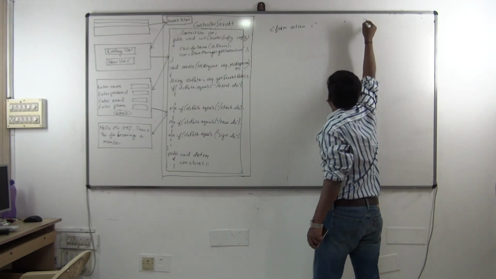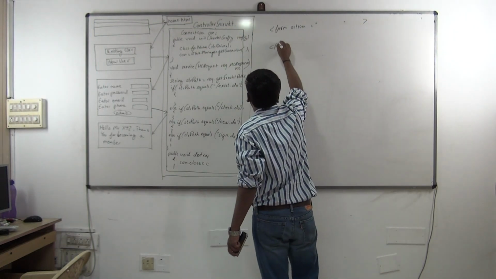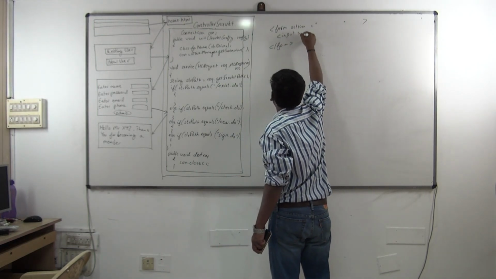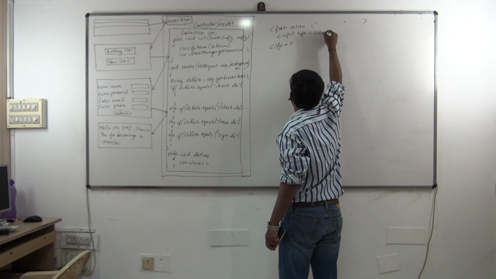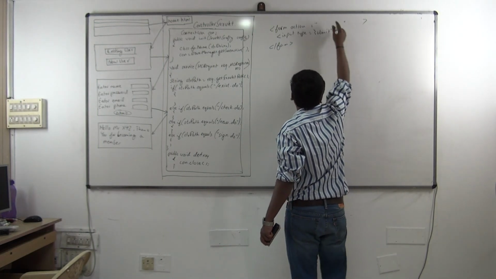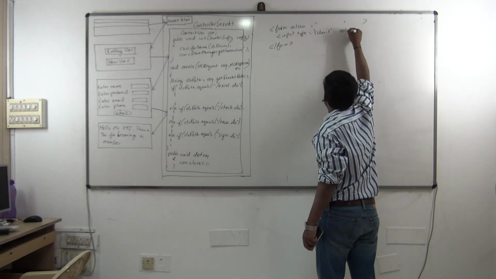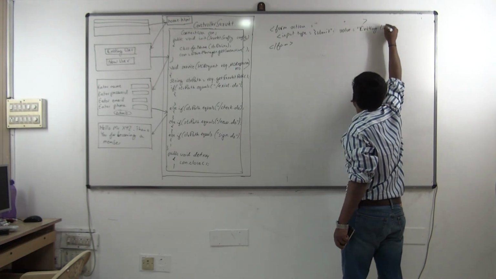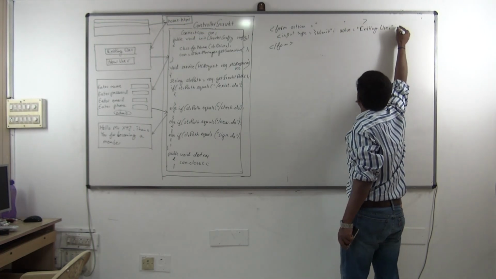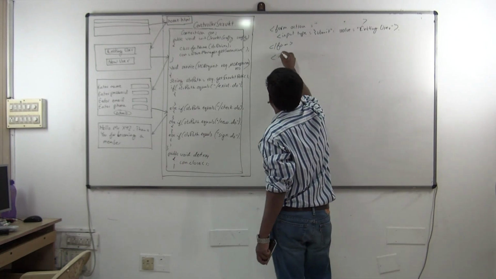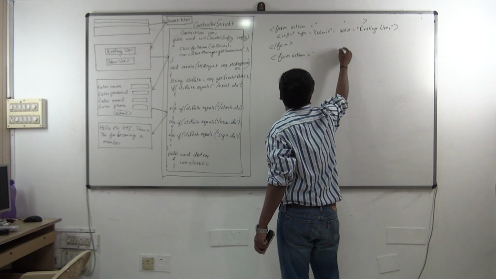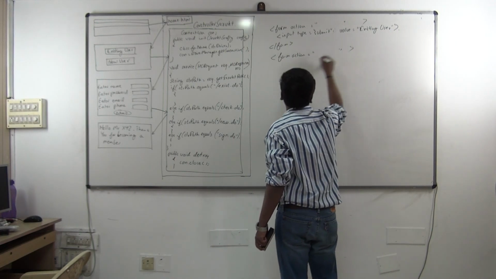So form action is the most important for us. I'll close the form. Then you'll have input type equal to submit, value equal to existing user. Same, I'll have one more form. Form action equal to, let's see what value I'll give.